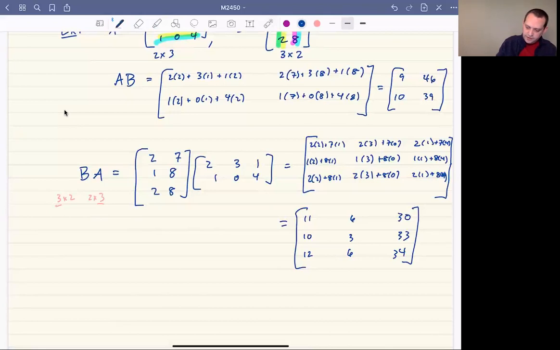Okay. Hopefully I did the algebra correct there. All right, I don't see any glaring errors. That doesn't mean they're not there. But anyways, that's the product of B times A.